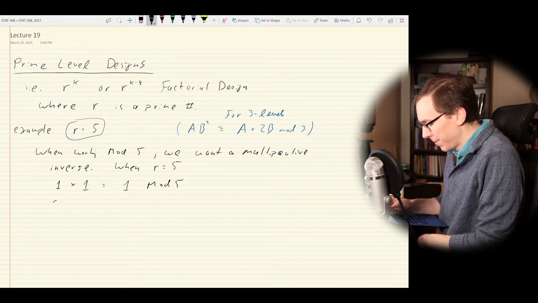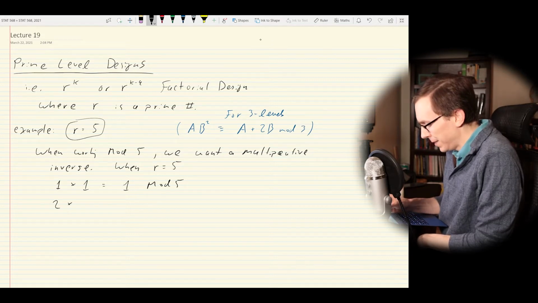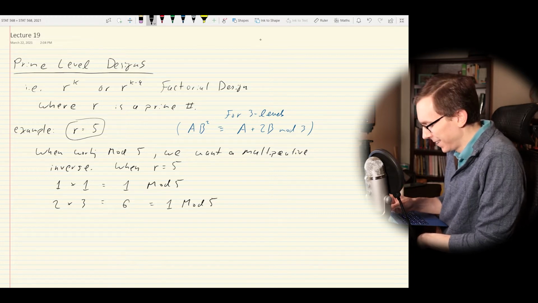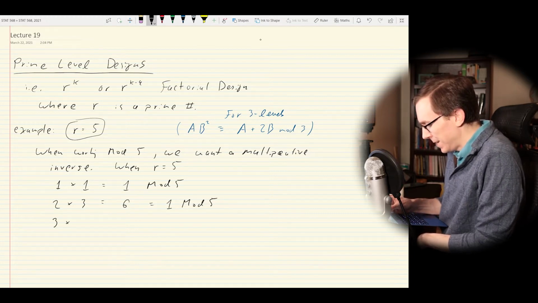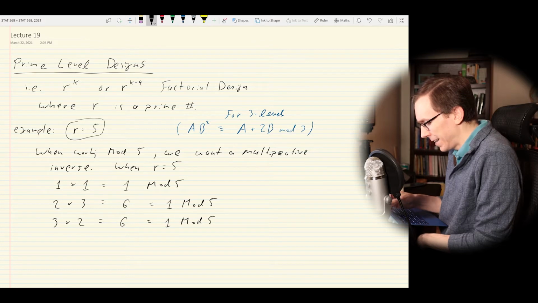Let's try 2. 2 times 3 is equal to 6, which is equal to 1 mod 5. So do you see where I'm going here? We have 3. 3 times 2 is also equal to 6, which is 1 mod 5. And 4 times 4 is equal to 16, which is also equal to 1 mod 5.